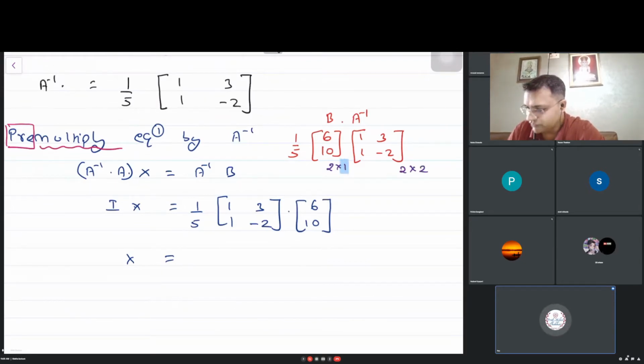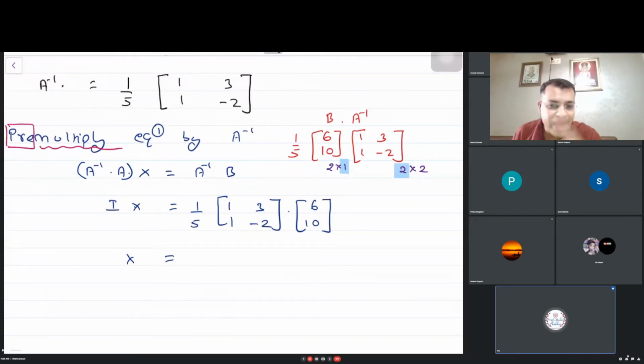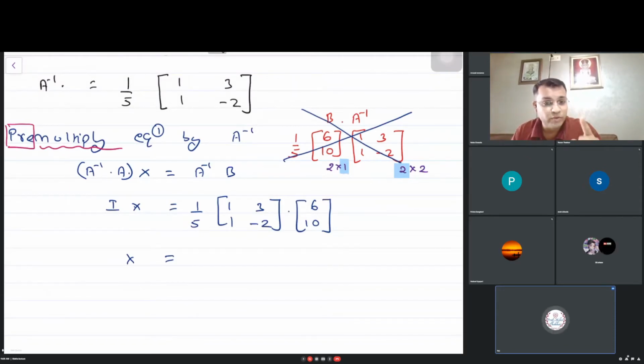The number of columns of the first matrix and the number of rows of the second matrix do not match. Because they do not match, this multiplication is not possible. This is the reason we always say pre-multiply, with the help of which you will remember that A inverse should always be written first and then B. Never write B into A inverse, always write A inverse into B.